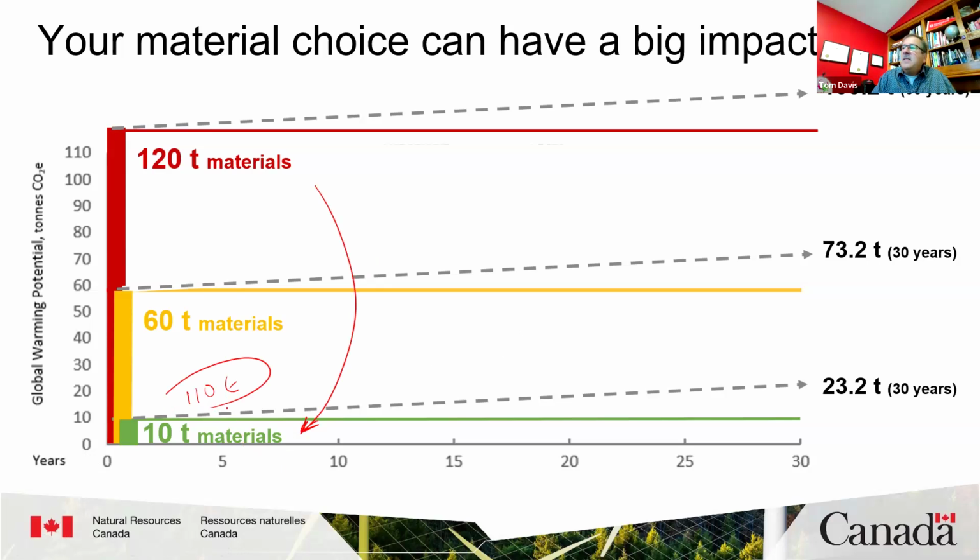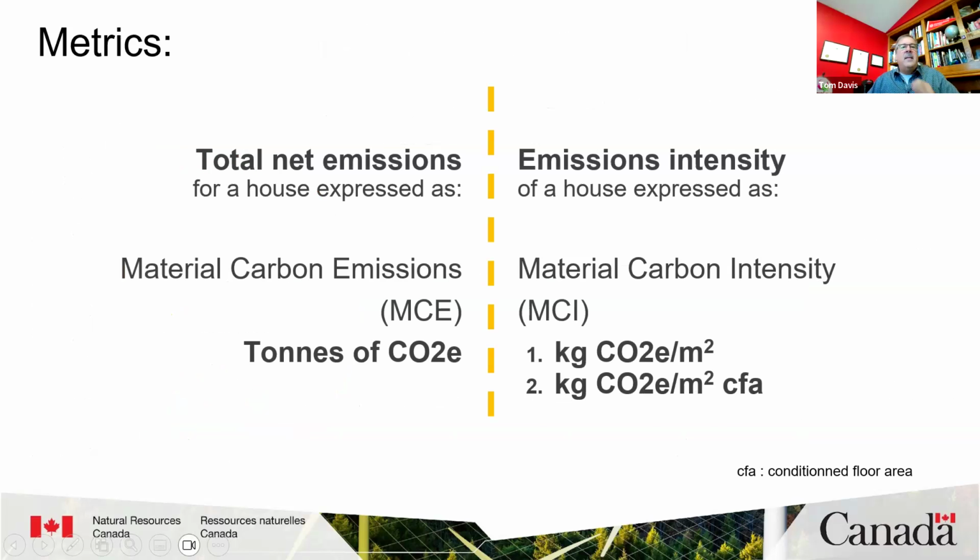That's significant, especially when we look at the operational carbon as being 13 tons over 30 years. We could burn coal in that house for 30 years and it would still be more efficient than building that 120-ton material choice house up front.